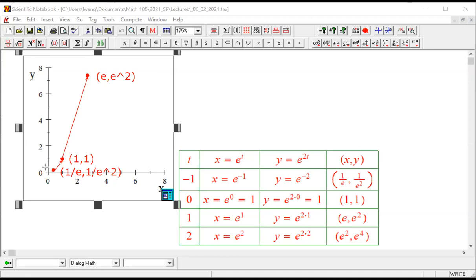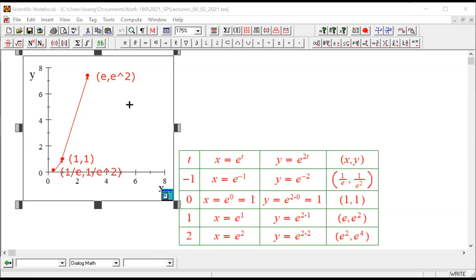Negative infinity doesn't exist, but say t equals -10,000. So the point is very, very close to the origin, but never touches it. So that's a curve, but we're only getting a sketch.